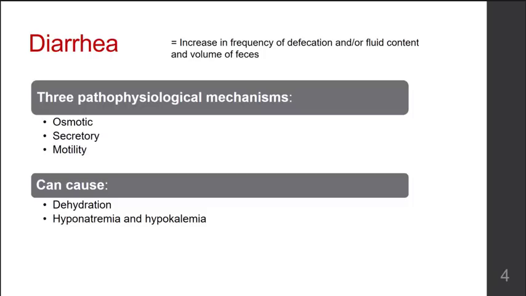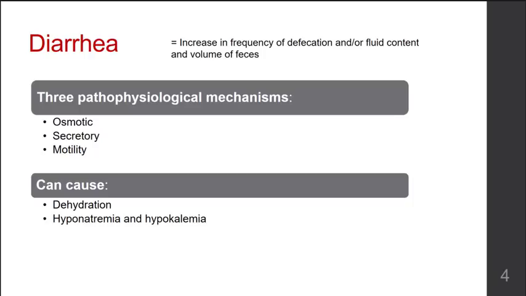When it comes to osmotic diarrhea, this is where contents in the intestine that are non-absorbable, or end up not being absorbed, can have an osmotic effect and pull water into the lumen of the gastrointestinal tract, or into the intestines.